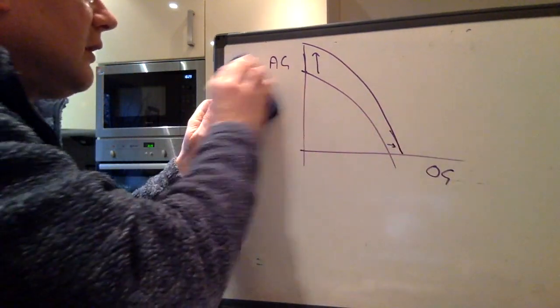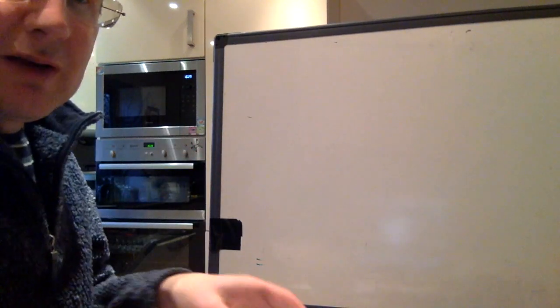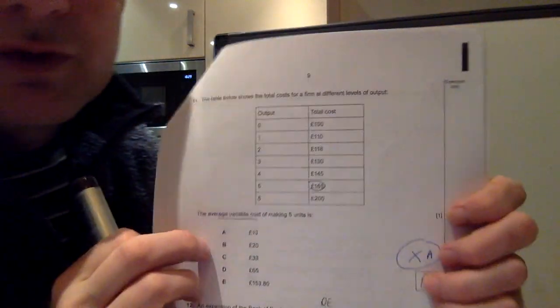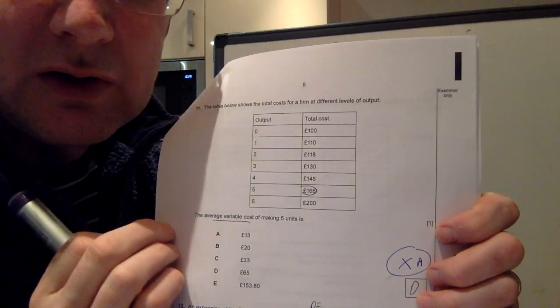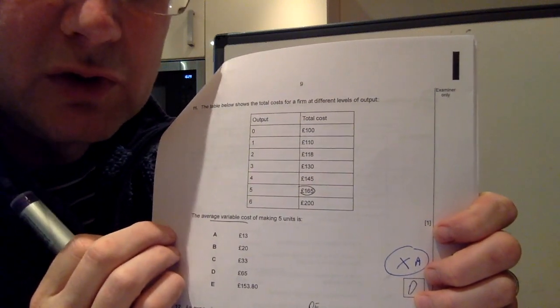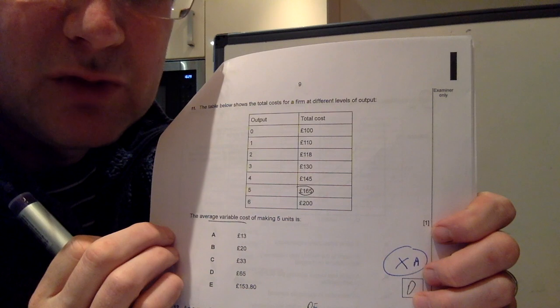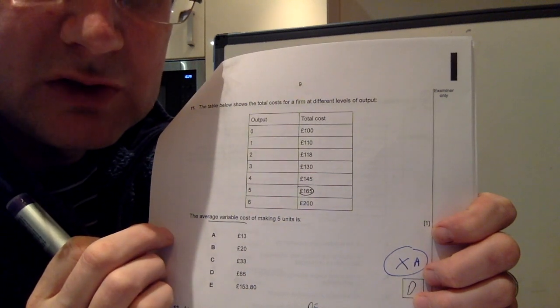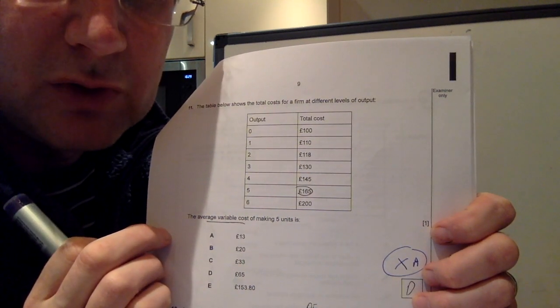11 again causes problems. You've got this total cost schedule, and you're asked to work out the average variable cost. What this person has done is they've worked out the total variable cost.